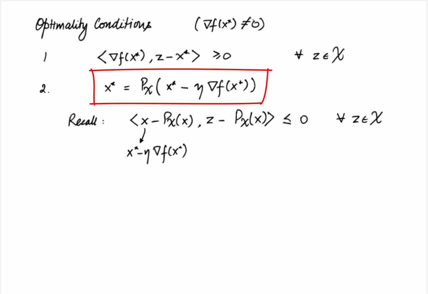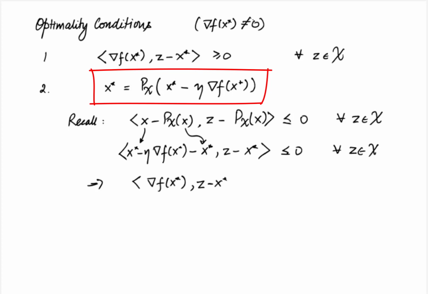And then projection of x onto calligraphic X can be replaced with x star. Substituting these into the angle property, we get that inner product of gradient f of x star, z minus x star is greater than or equal to 0 for all z in calligraphic X. So this is exactly the optimality condition written above.